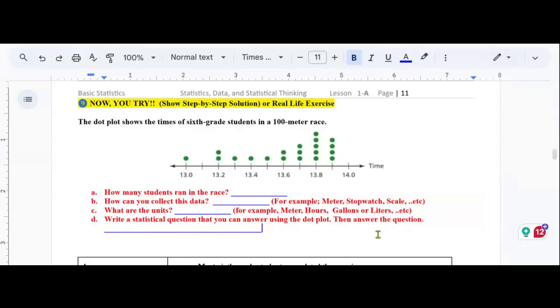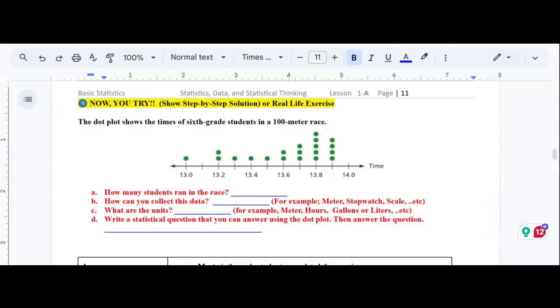So what would be the question? What were the times in the 100-meter race for the 6th grade students? Right. How fast can the 6th grade students run a 100-meter race? Is this a good question? How fast?